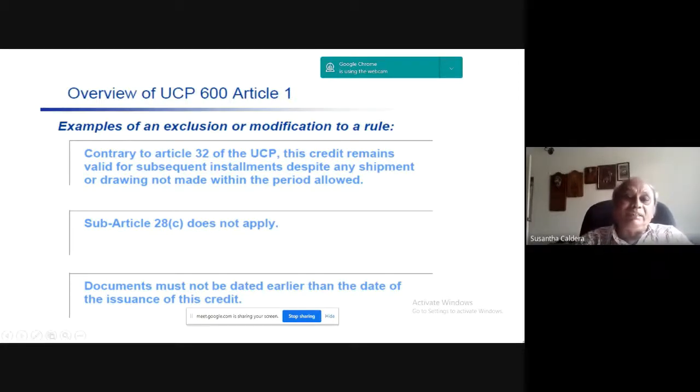So normally the examples are, when we open revolving LCs, can you remember I have mentioned that you have to exclude Article 32.